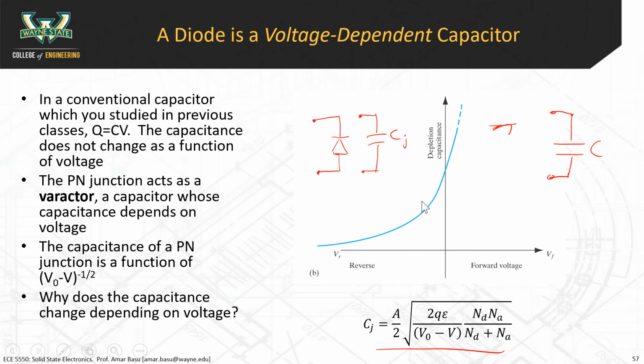So when you apply a forward voltage, this depletion capacitance goes very high. And then when you apply a reverse voltage to it, it starts going towards zero. Okay. So if we want our diode to work at high speed, would we want to forward or reverse bias it?